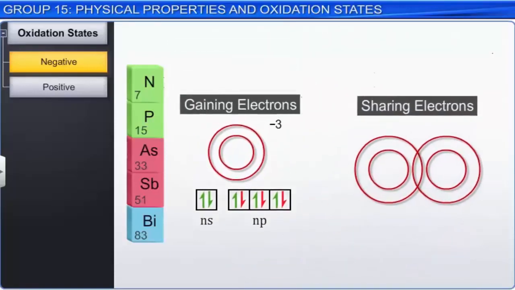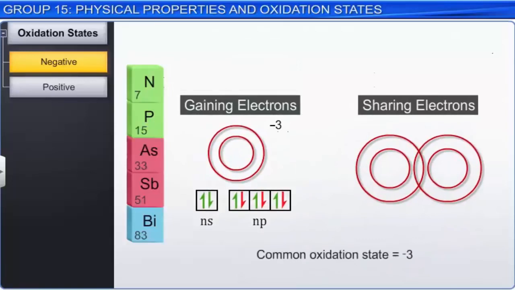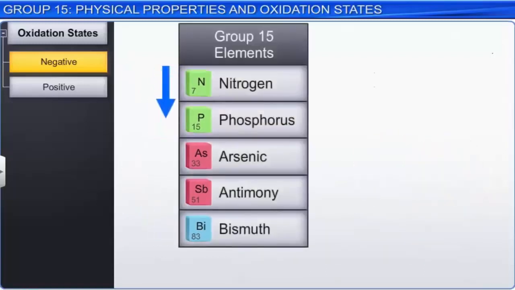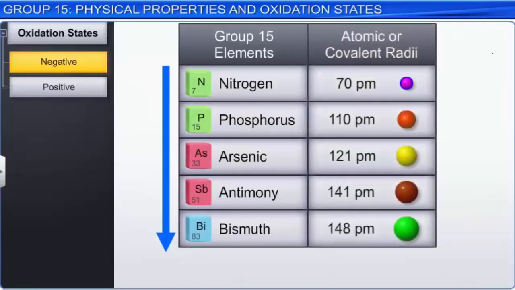As a result, the common negative oxidation state of these elements is -3. However, as we move down the group, the tendency to exhibit -3 oxidation state decreases. This is due to the increase in atomic size and metallic character.